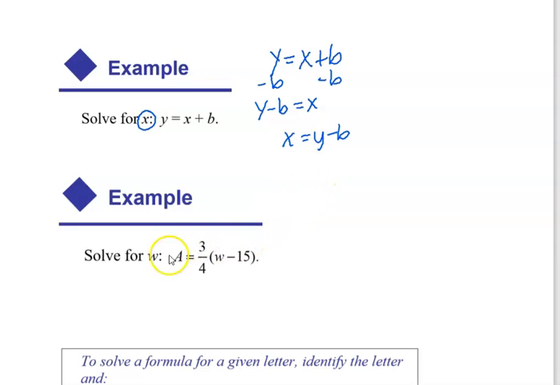This one, they're wanting us to solve for W. So the area is 3/4 W minus 15. I don't really know if that stands for area because I don't know what the context of the problem is. But I'm trying to get W by itself. So the first thing I'm going to have to do is get rid of this 3/4 out here.